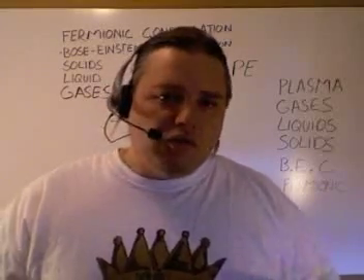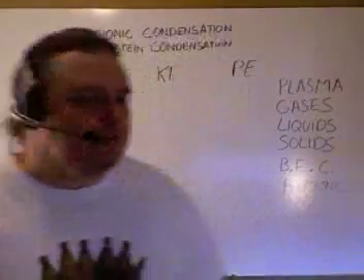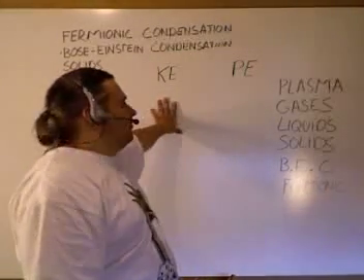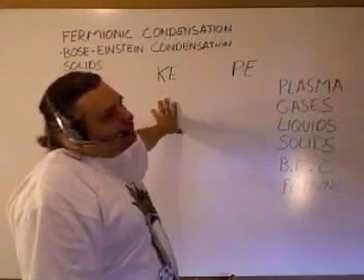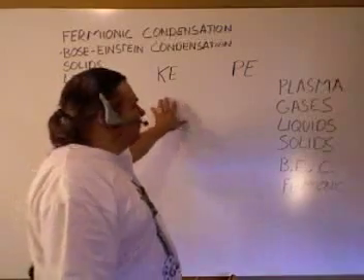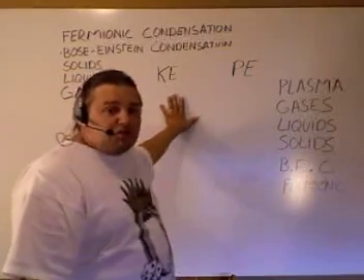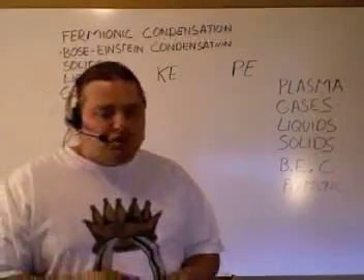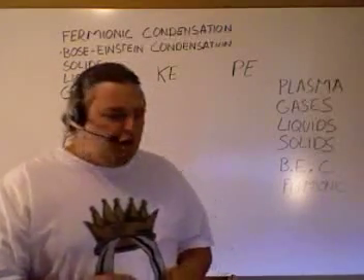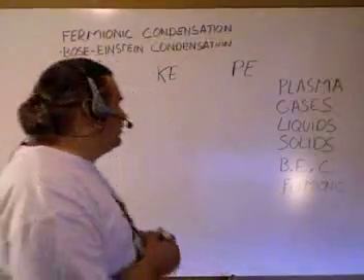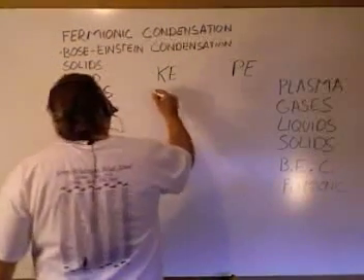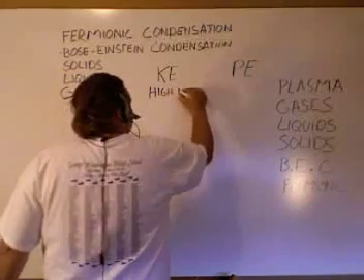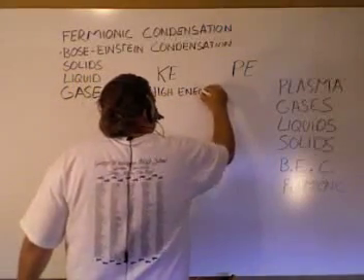Okay, cool. So the first one we want to start off with is plasma. The type of plasma that we like to deal with is tremendously high energy, has an awful lot of energy to offer. I mean, the sun is made of plasma for the most part. So it's really, really high energy. And when we talk about high energy, we're going to be focusing primarily on the kinetic energy.